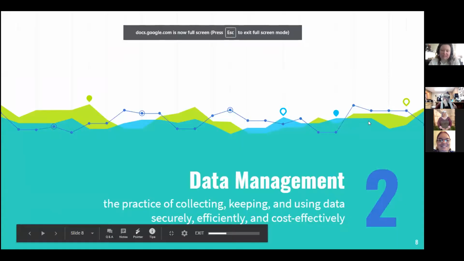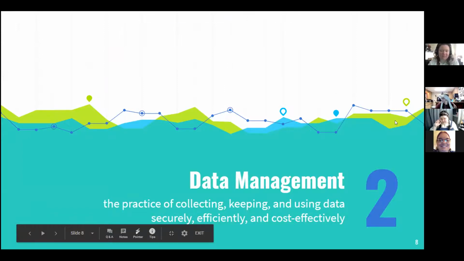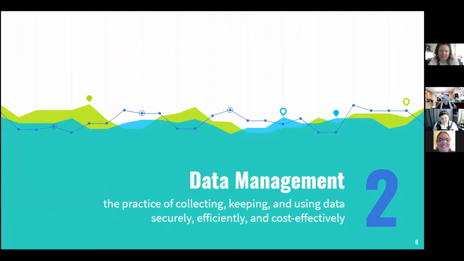So the next step is data management, which is actually quite simplified in SCA terms. And this is the practice of taking your data and keeping it and using it securely, efficiently, and cost effectively. When it comes to SCA, there aren't a lot of options.